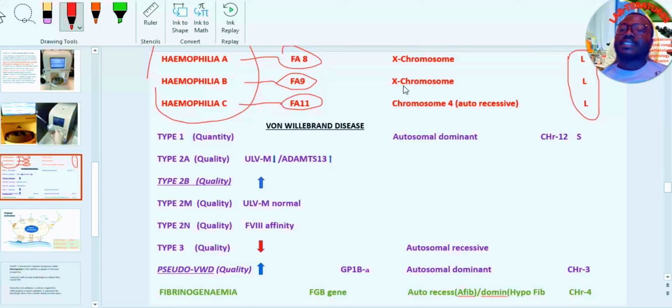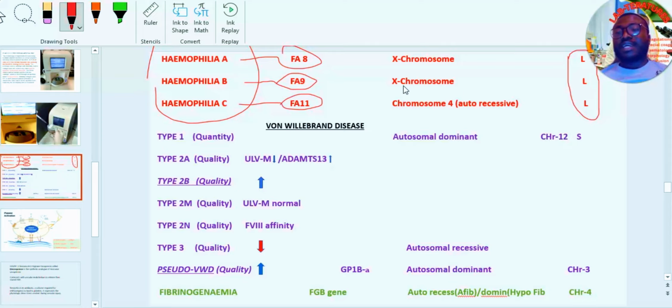So it will express itself and produce the right factor VIII and factor IX in that female without the disease being expressed. If a male has that same gene aberrated or mutated, there is no other choice. There is no option for factor VIII or factor IX expression or transcription to produce that protein.